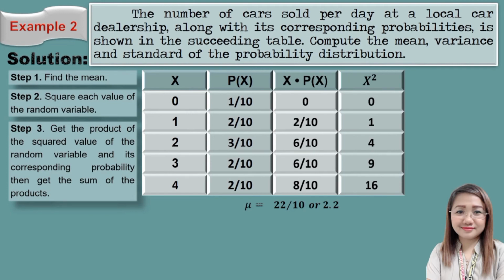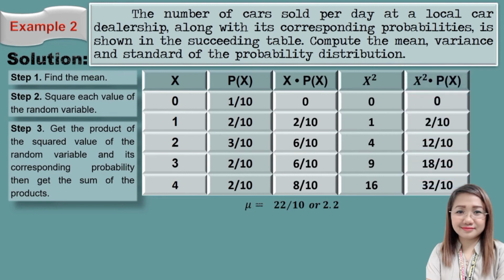So 0 times 1 over 10 is 0. 1 times 2 over 10 is 2 over 10. 4 times 3 over 10 is 12 over 10. 9 times 2 over 10 is 18 over 10. And 16 times 2 over 10 equals 32 over 10. Then get the sum of the product. So we have 64 over 10 or 6.4.